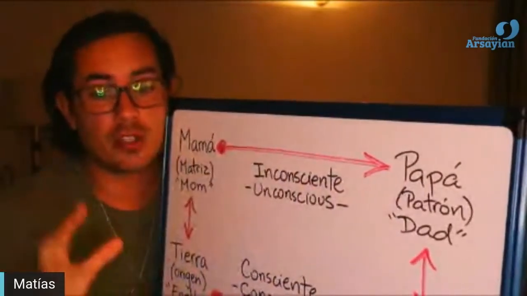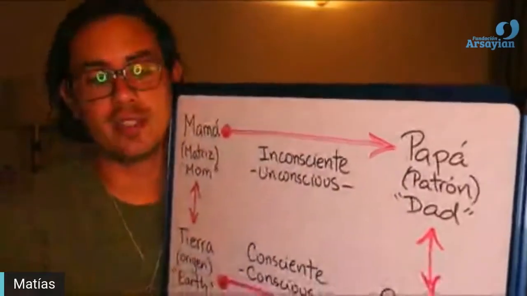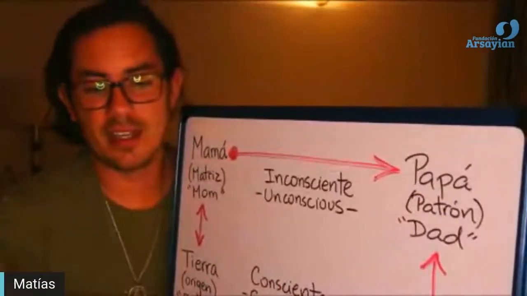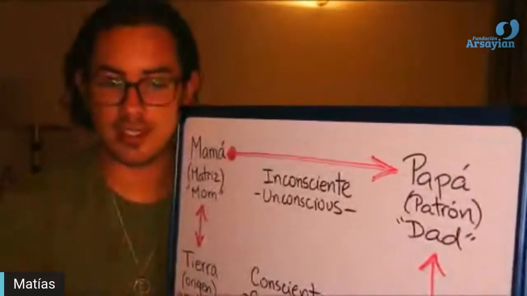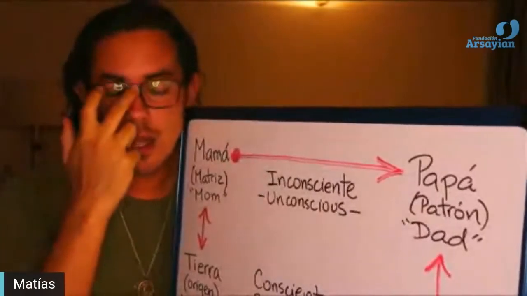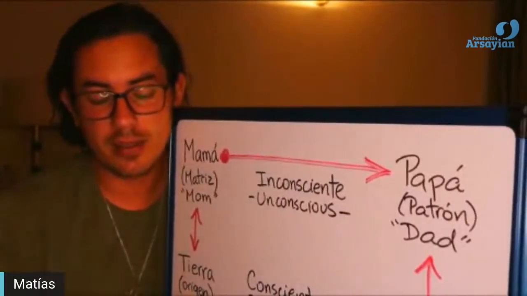Of course, not all of the species, because, for example, you might know that in elephant families, it is not like this. The female is the one that leads. But for humans, it has been the male since the very beginning.